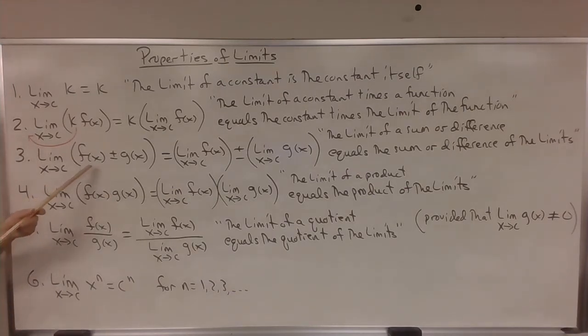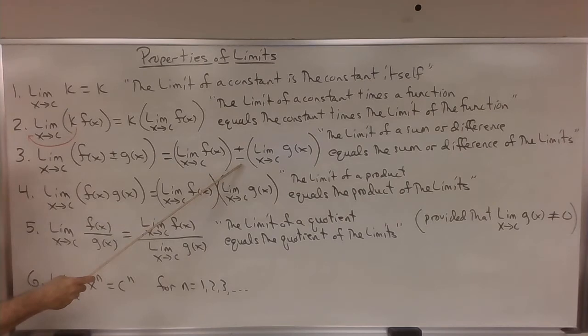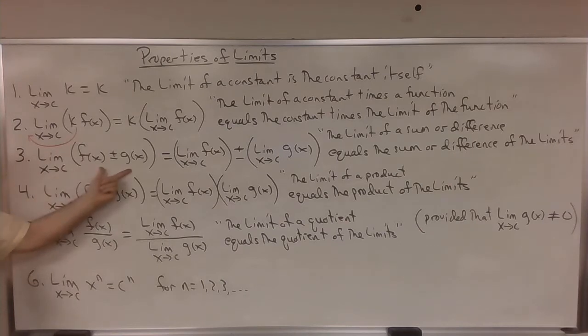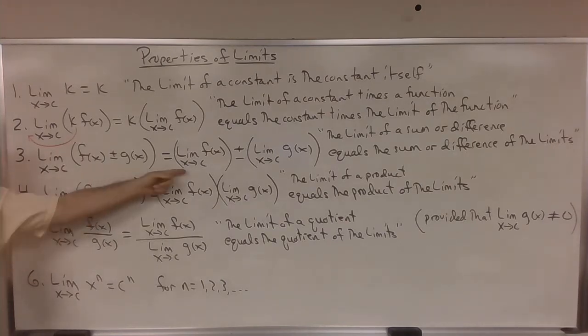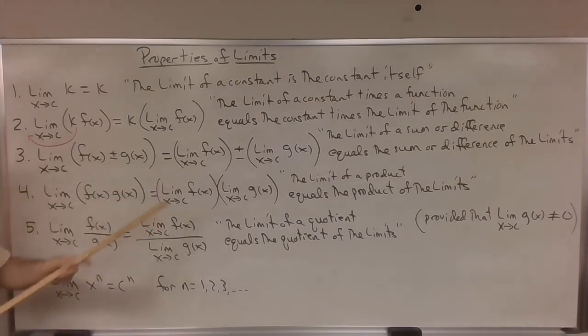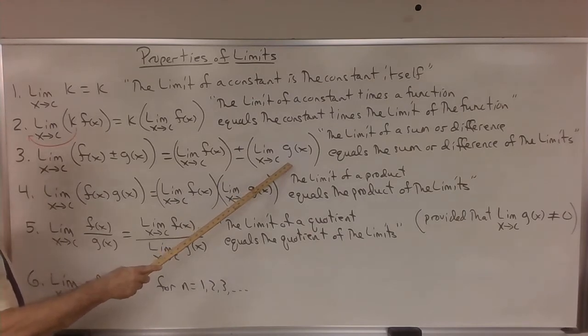Third, the limit of the sum or difference of functions is equal to the sum or difference of the two limits. And what that means is that if we have the limit of the sum or difference of functions, we can compute that limit term by term. Compute the limit of the first term, compute the limit of the second term, then just add or subtract them.